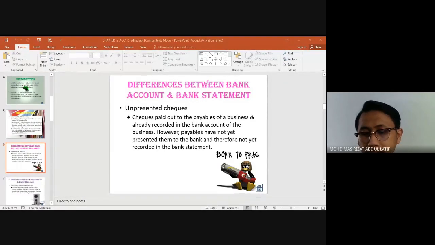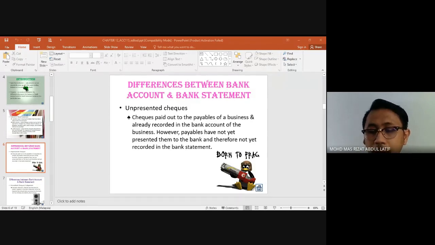Sama juga dengan debit column bank statement. Kita tengok debit column bank statement ada checkbook 5 ringgit. And then you compare dengan bank account sebelah kredit pun ada checkbook 5 ringgit. Kemudian ada 3 check kat situ dalam bank statement pada 8, 10 dan 12 hari bulan. Check nombor 89090, 89091 dan 89092 amounting 450, 600 and 343 respectively.